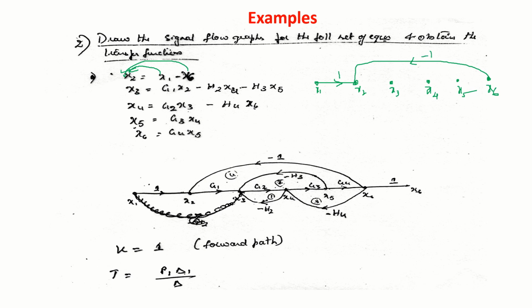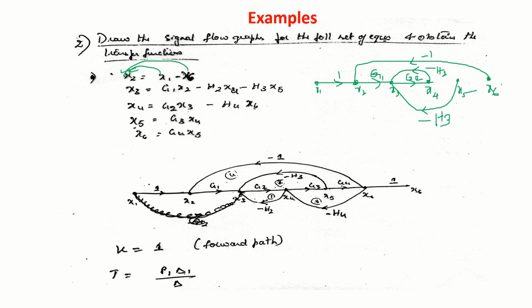X2 to X3, gain is G1. X4 to X3, minus H2. X5 to X3, so minus H3, feedback. Next X3 to X4, this is G2.